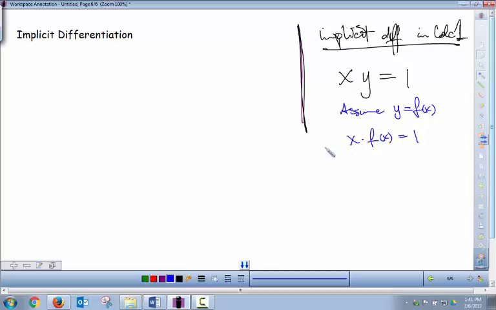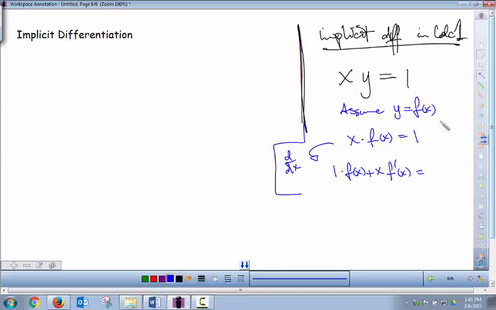So if I take the derivative of this, and by that I'll say d dx, notice the regular d, right? So the d dx of this is taking the derivative with respect to x. Derivative of the first times the second plus the first times the derivative of the second.